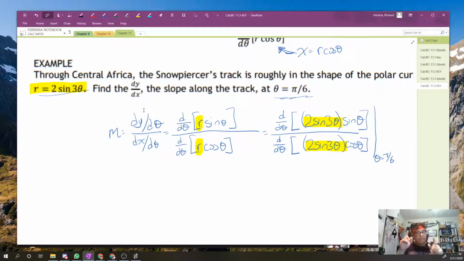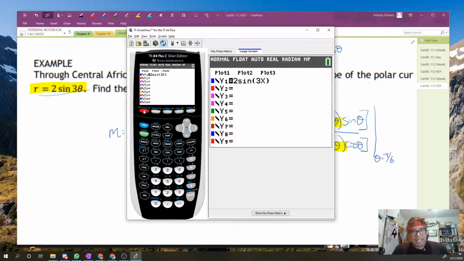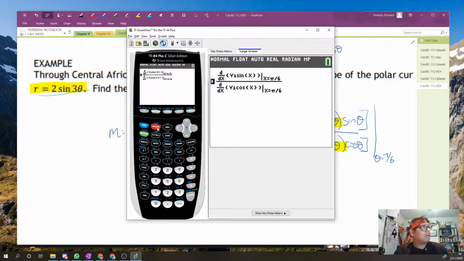Okay, here's my calculator. Notice that it's not necessary to put r cosine theta, r sine theta there. I'm just putting the equation for r into y1. And then once I get to the home screen, I have r sine theta on the numerator, evaluated when theta is pi over 6.